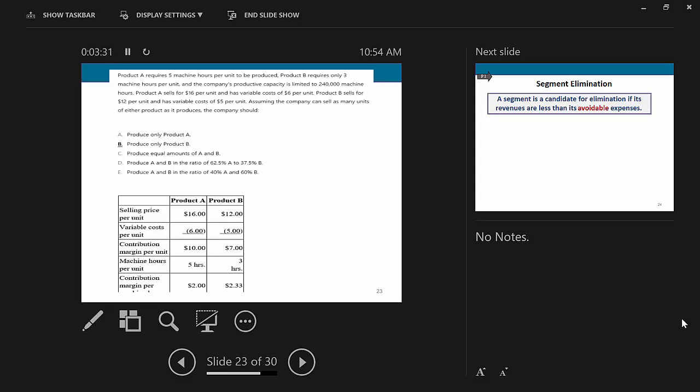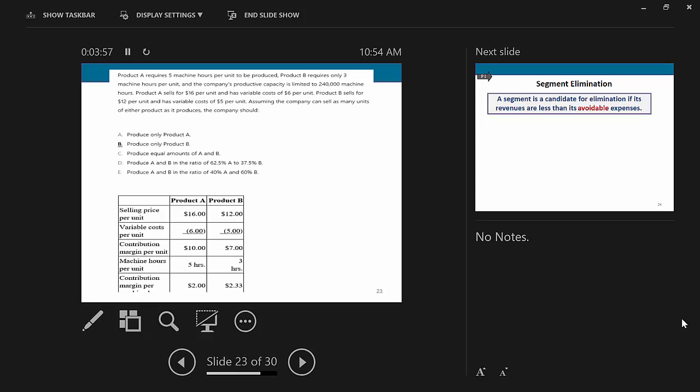The company's productive capacity is limited to 240,000 machine hours. Product A sells for 16 and has a variable cost of 6. Product B sells for 12 and has a variable cost of 5. Assuming the company can sell as many units of either product as it produces, what should it do?